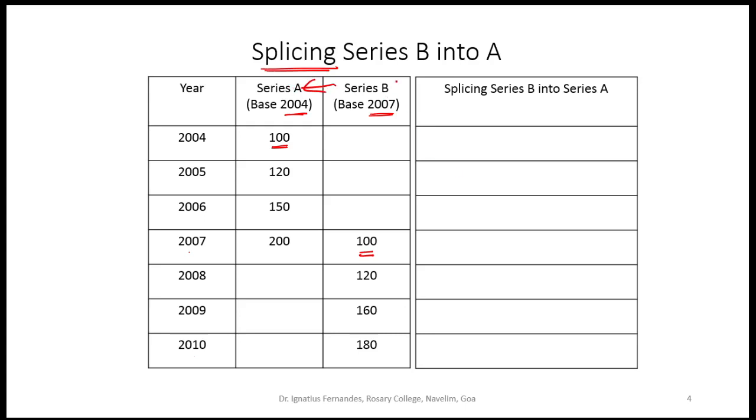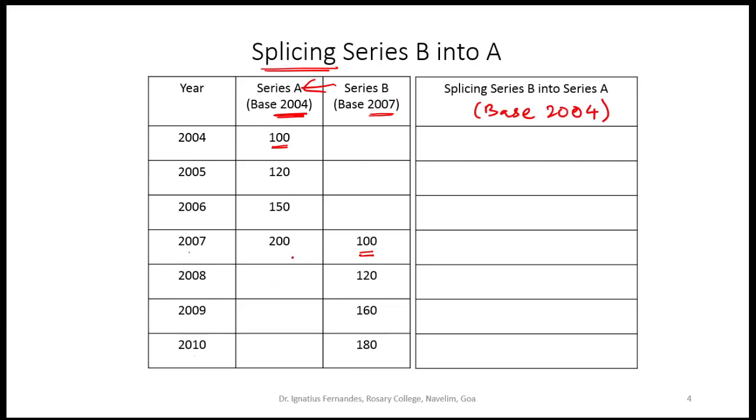When I have to splice B into A, in a way I want to convert all these index numbers with base 2004. So splicing B into A is splicing all the index numbers with base 2004. So I'm just changing these B values in terms of A values.